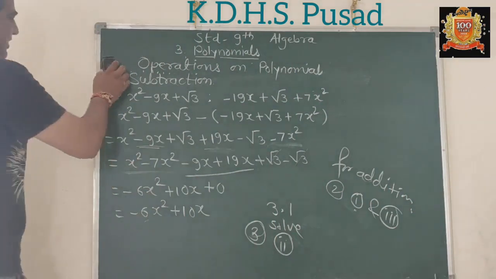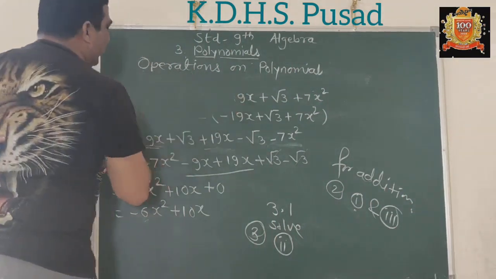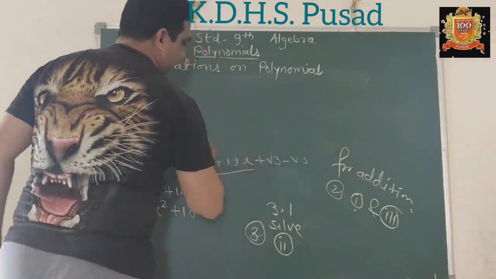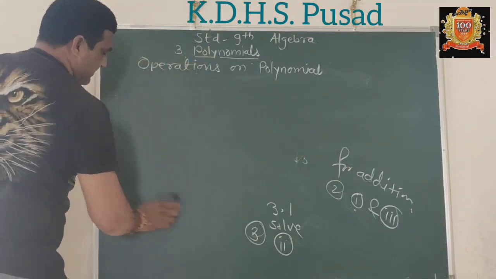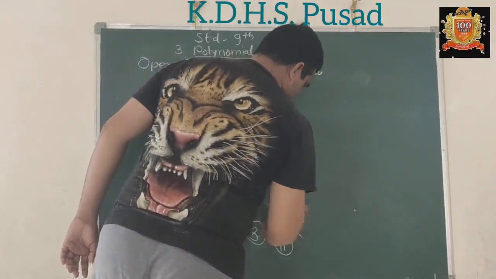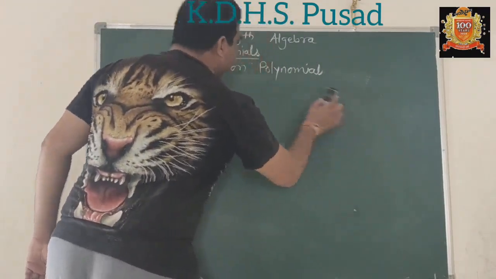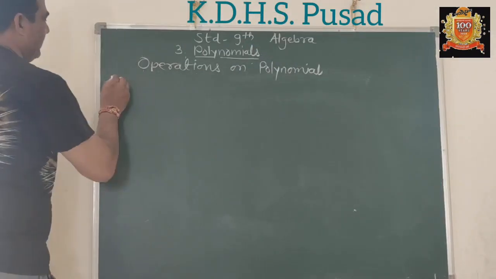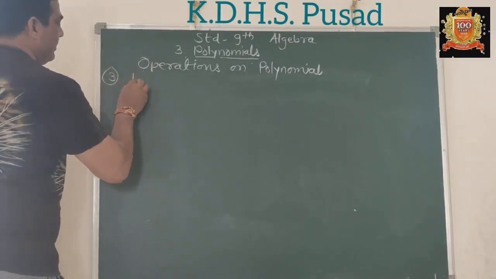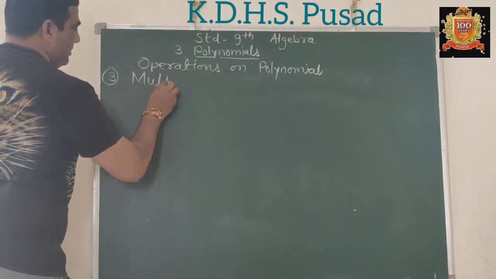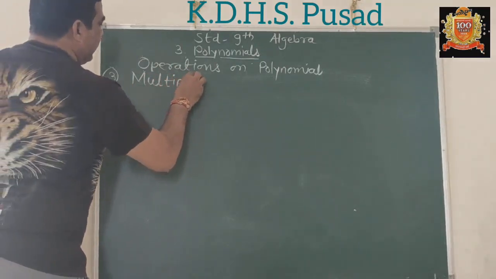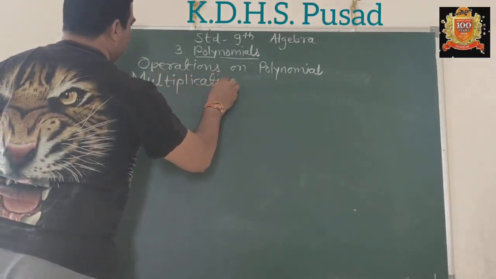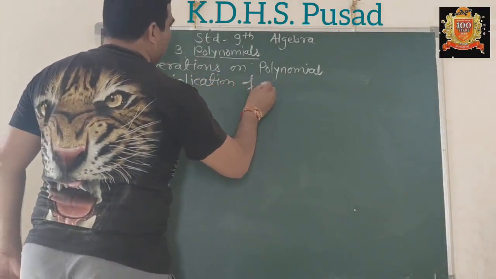Now I proceed further. So I will study the next operation, that is multiplication. So here, third operation, multiplication of polynomial.